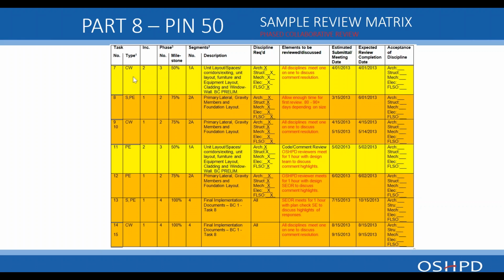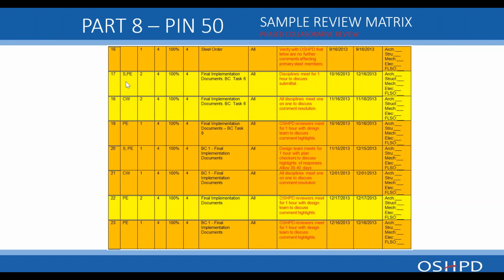And as they work on comments, they come in periodically in these collaborative workshops and discuss their resolution. So then when they resubmit, which is right here, they're resubmitting and they're doing a back check of task number 6. So that kind of goes through for all these.